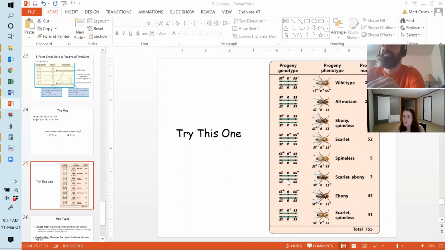So what's the gene order? See how fast you can type now, Tanya. Ha, not fast enough, it appears. All right, yes, exactly. So SS has to be in the middle. So it's going to be essentially +++, and then ST, SS, and E.